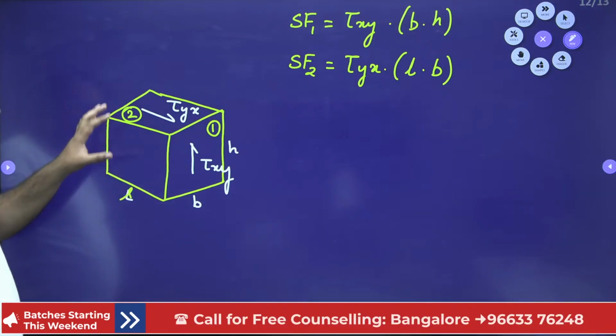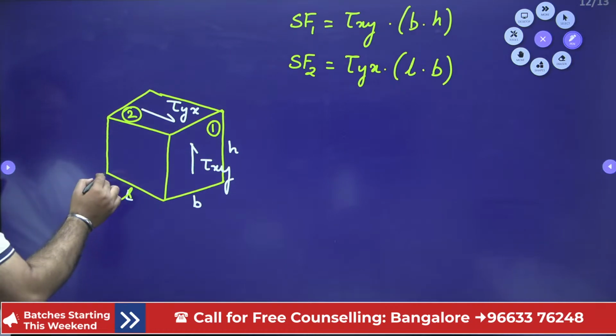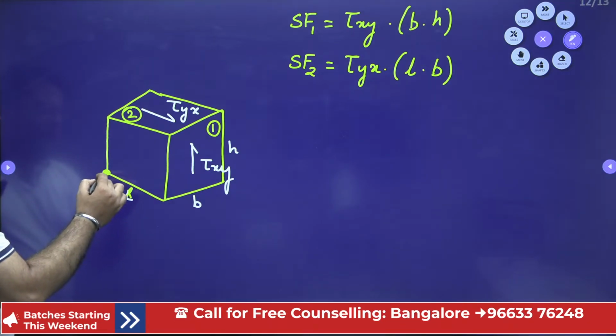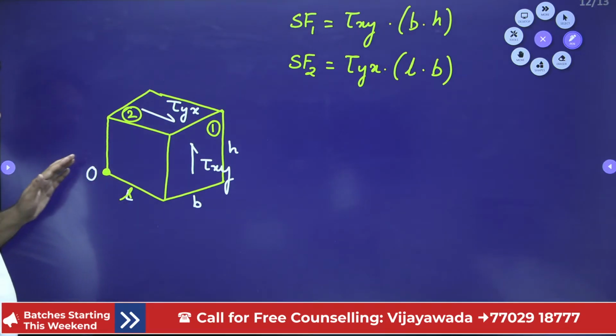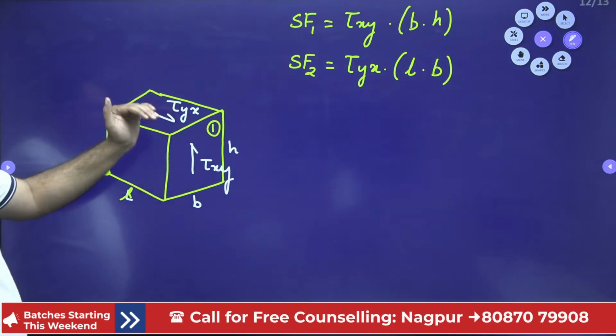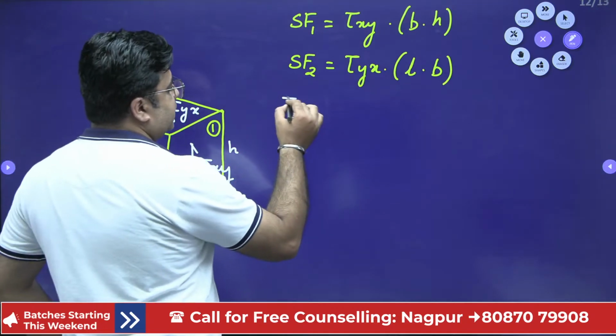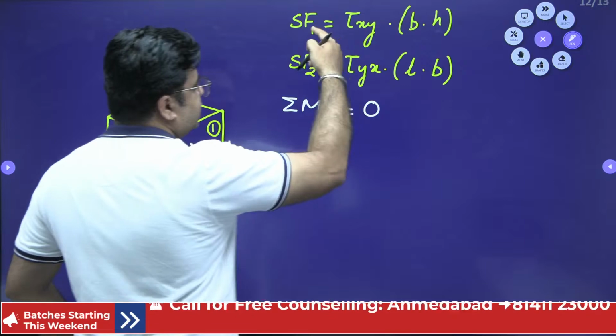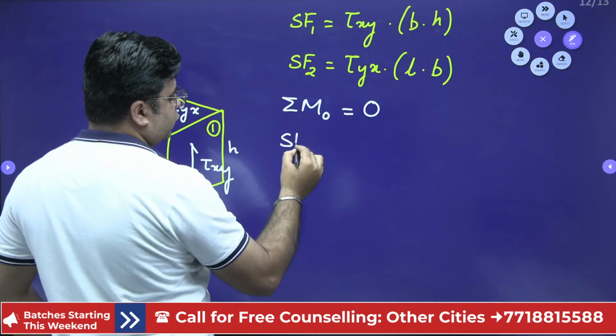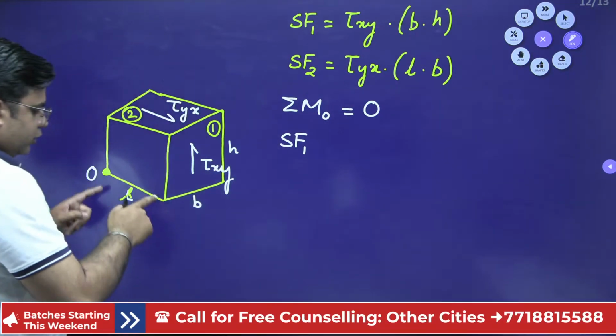Now, in order to keep this system in equilibrium, it has to have a moment balance, right? So I'll just take the moment about this point O for these two shear forces. Taking the summation of moment about O to be 0. So for shear force 1, I will write shear force 1 into this length.